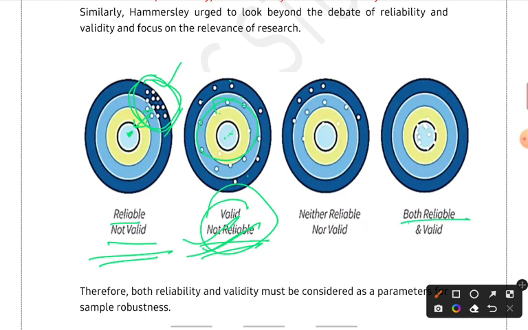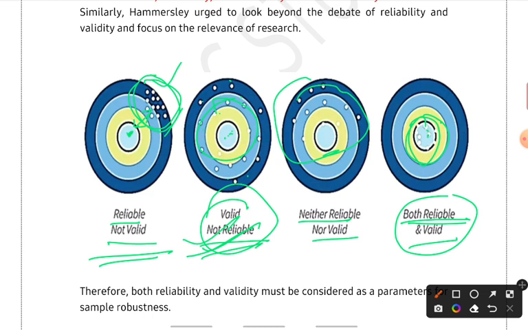Then this is both reliable and valid, because it is in the intended result that the researcher wants, and every time the researcher does repetitive analysis of that subject, he is getting the same observation. Similarly, neither reliable nor valid, because it is scattered in nature.